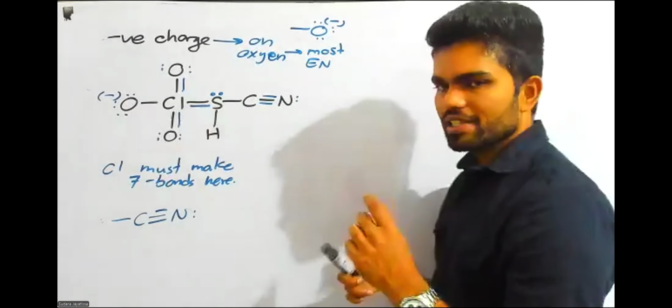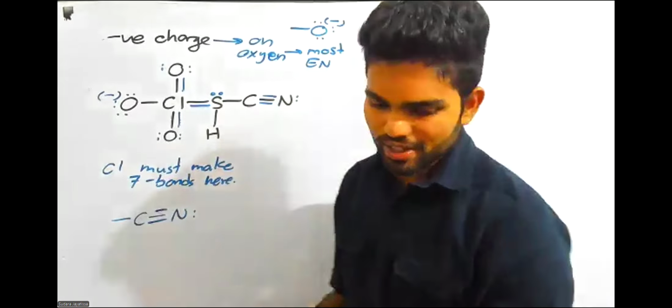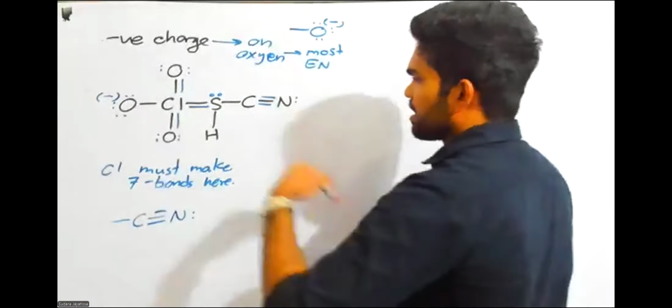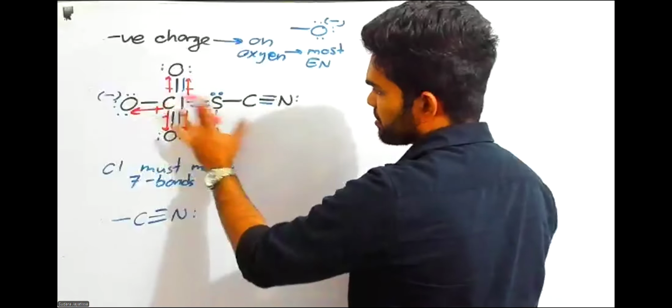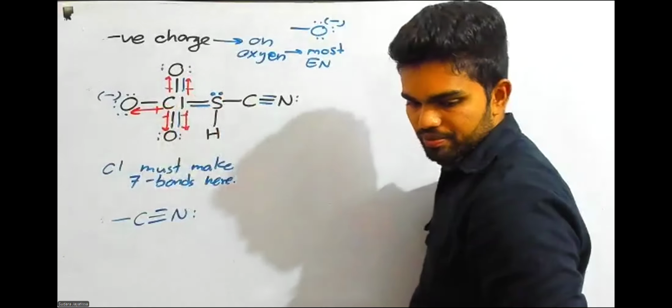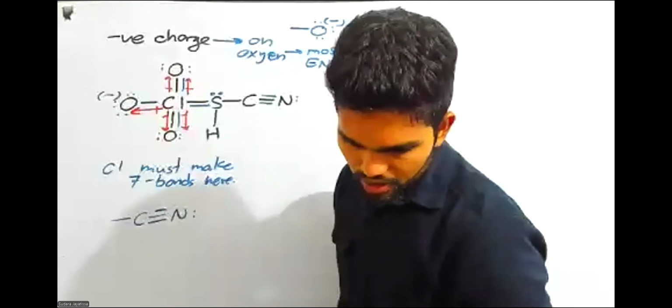So you can easily represent that by marking dipole moments for each bond. And here oxygen is more electronegative.